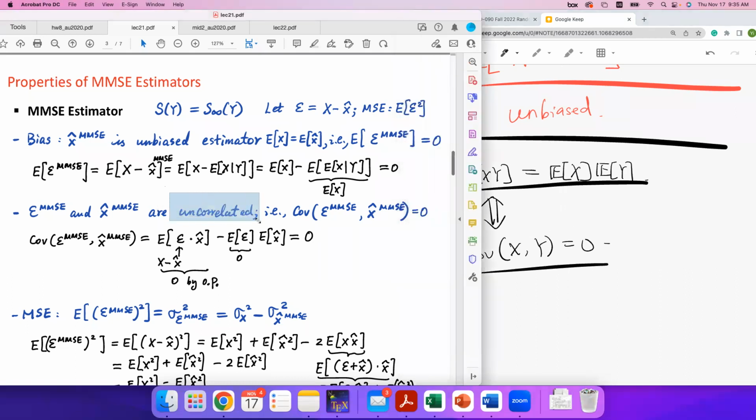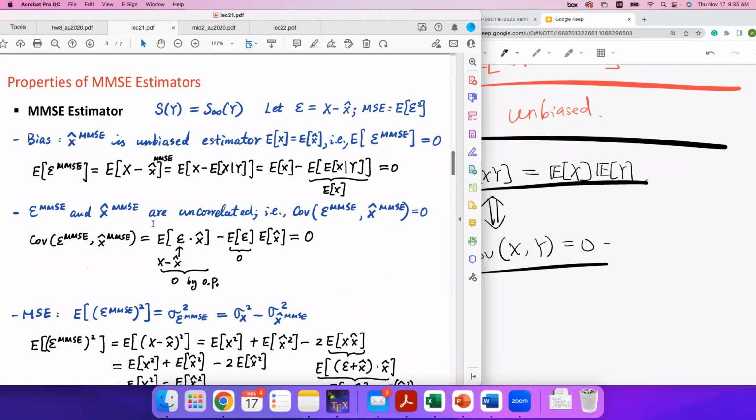To prove that, we just need to prove that the covariance of these two equals 0. This is the error random variable x minus x hat, and this is your x hat, the estimator. This is how we calculate the covariance.